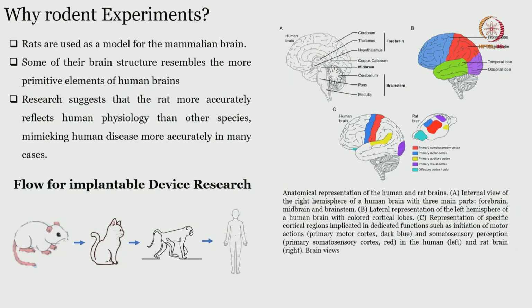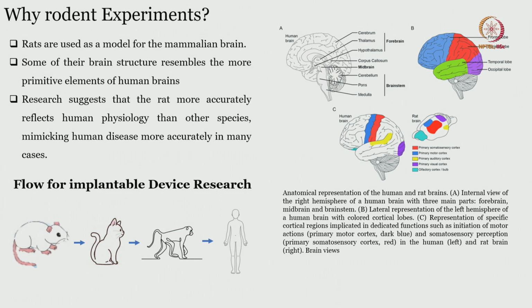So, if you see the slide, the reason for rodent experiments is, one, rats are used as a model for the mammalian brain. Second, some of their brain structure resembles the more primitive elements of human brains, and the research suggests that the rat more accurately reflects human physiology than other species, mimicking human disease more accurately in many cases.